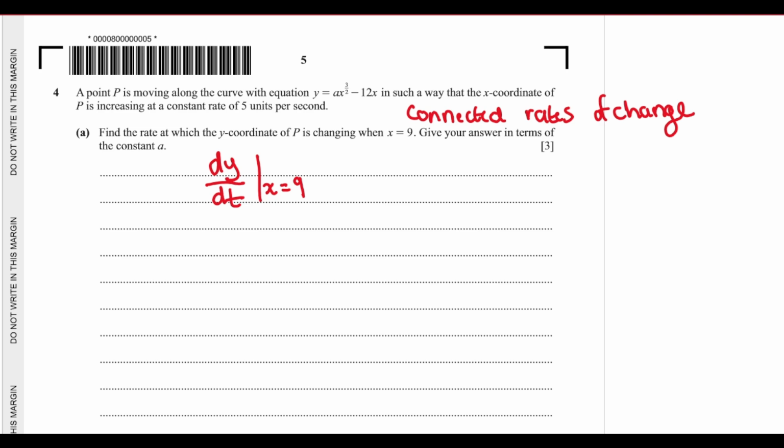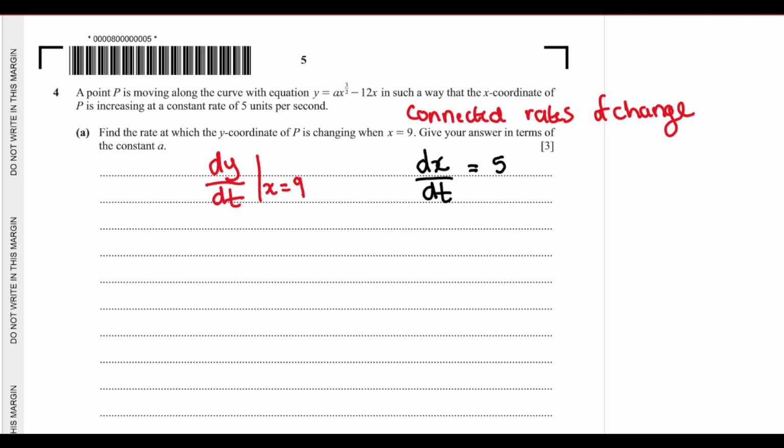Okay, so they give us dx/dt, which is 5. And they want us to find the rate at which the y coordinate of P is changing when x is equals to 9. So they want us to find the rate dy/dt, okay, when x is equals to 9.